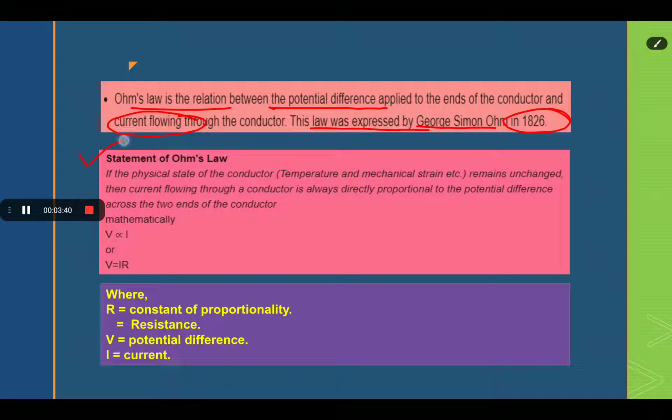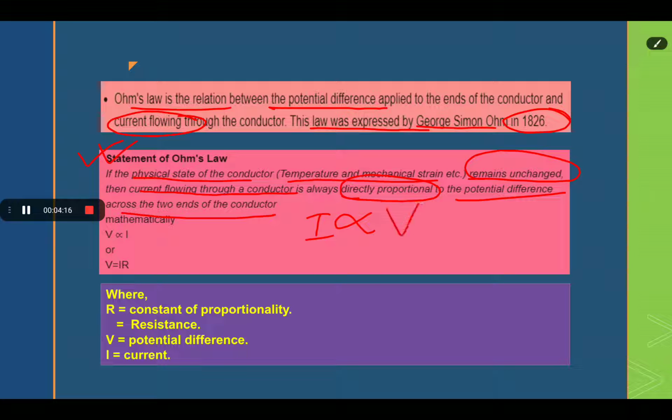For the statement, some physical state of the conductor, such as temperature and mechanical strain, must remain unchanged. So firstly, the temperature of the conductor remains constant. Then the current flowing through the conductor is directly proportional to the potential difference across the two ends of the conductor.